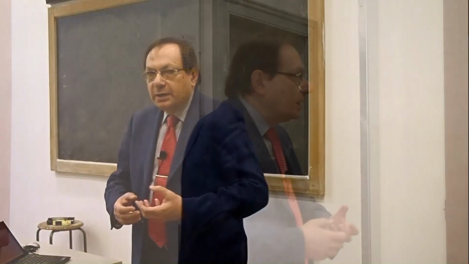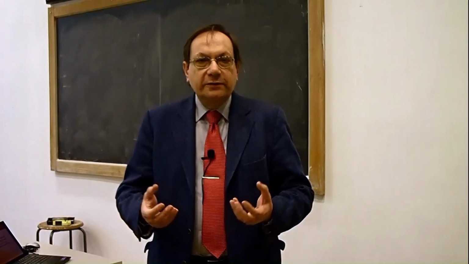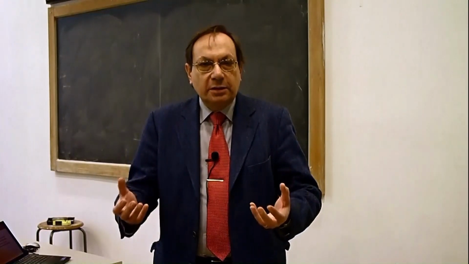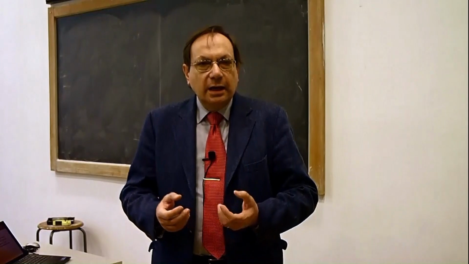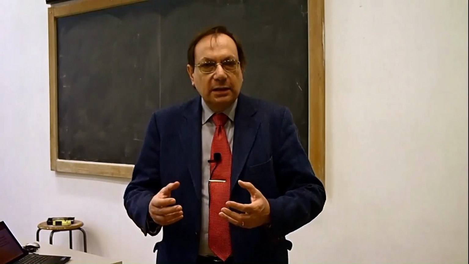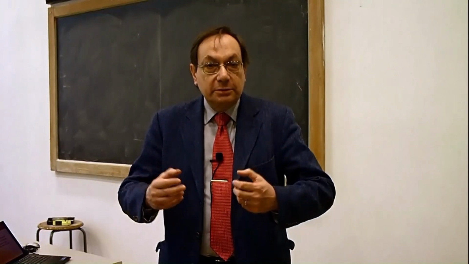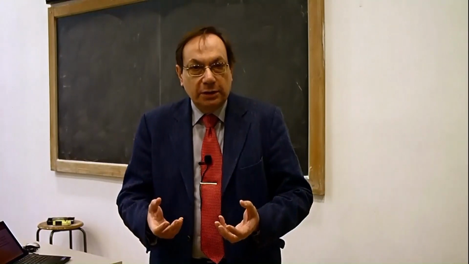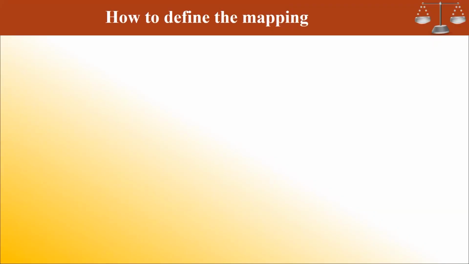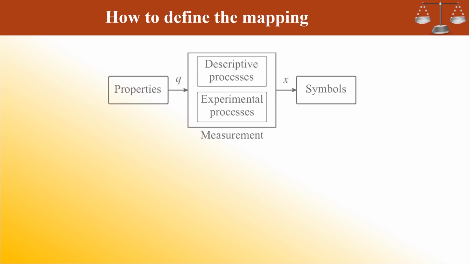We will see later that uncertainty is one of the pillars on which metrology is based, and we will discuss this later on in the future. But to do this, we need the model. So let's go back to our model and let's see how we can define this mapping operation that provides us a set of quantity values.